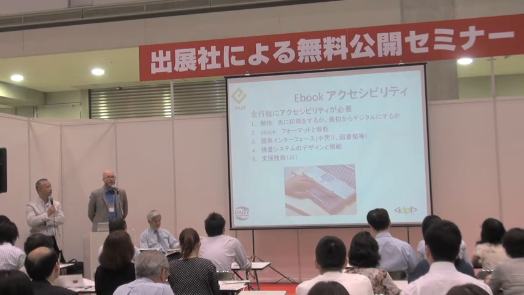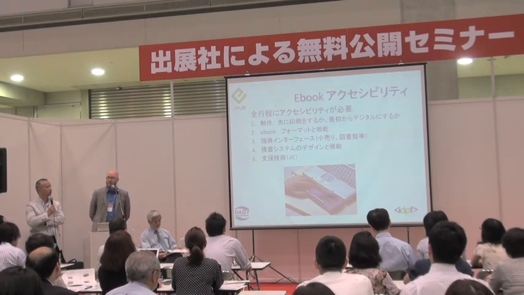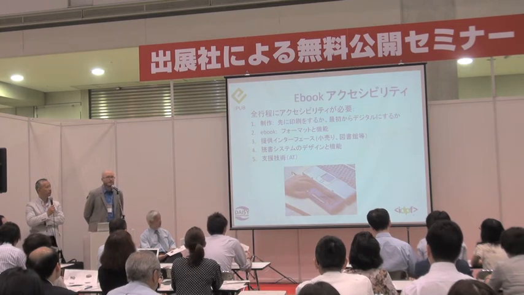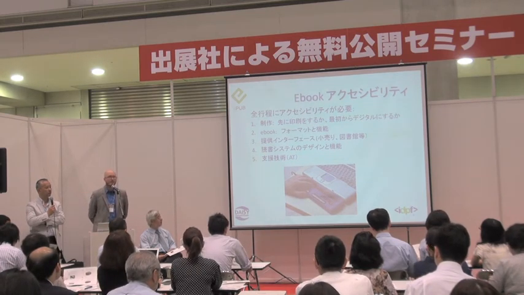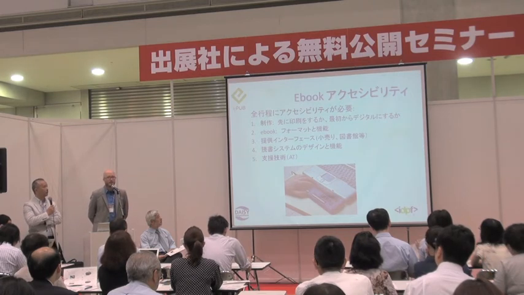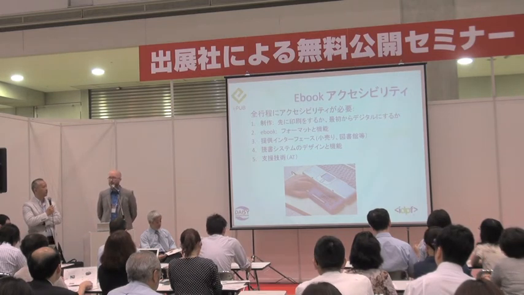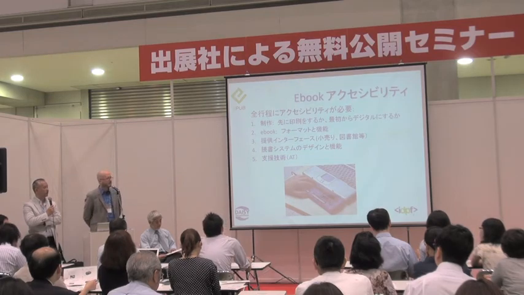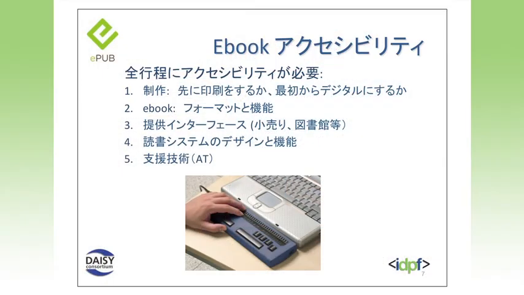And while I will talk primarily about the ebook format Epub 3, I would like to point out that it's very important to remember that in terms of accessibility, the entire chain of provision of content must be taken into account. The production tools must be able to generate ebooks correctly.